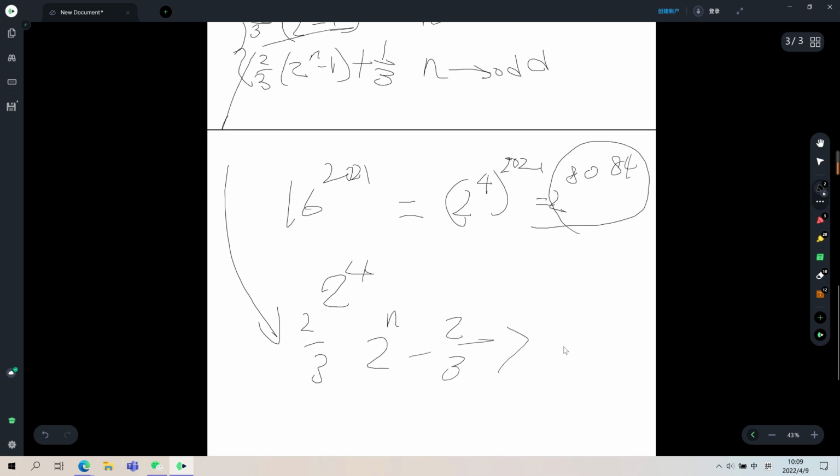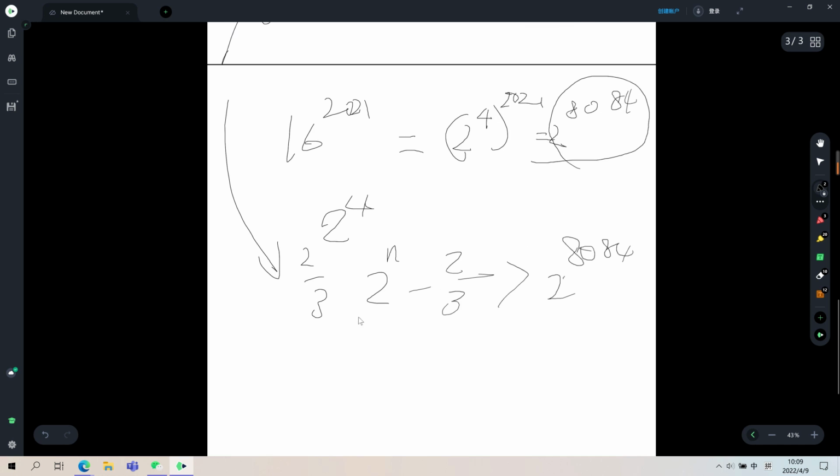That would be greater than 2 to the power of 8084. And now we multiply both sides by 3. So it's 2 times 2 to the power of n minus 2 greater than 3 times 2 to the power of 8084.